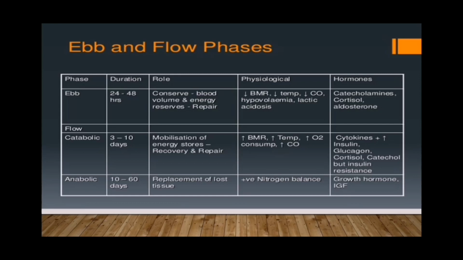Hormones involved in the ebb phase are catecholamines, cortisol, and aldosterone. Flow phase. The flow phase is divided into two phases: one catabolic and one anabolic. The catabolic phase goes for 3 to 10 days.